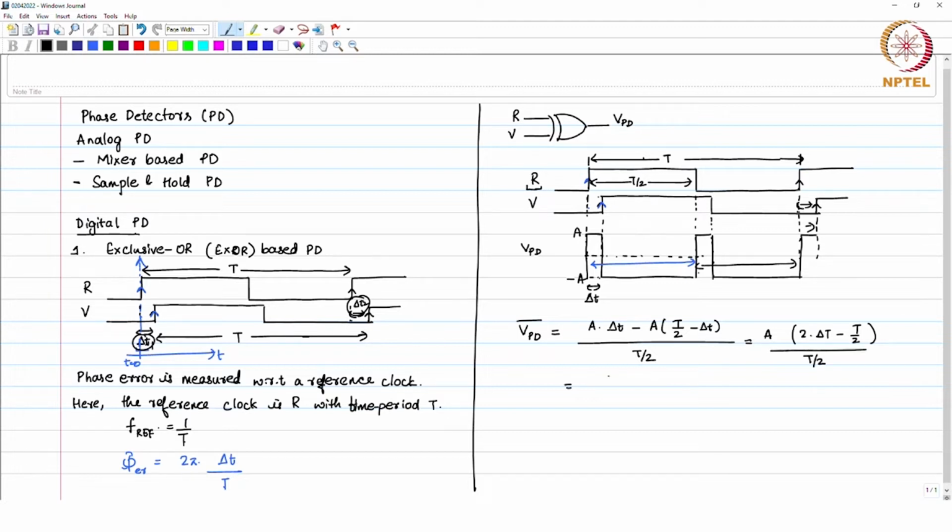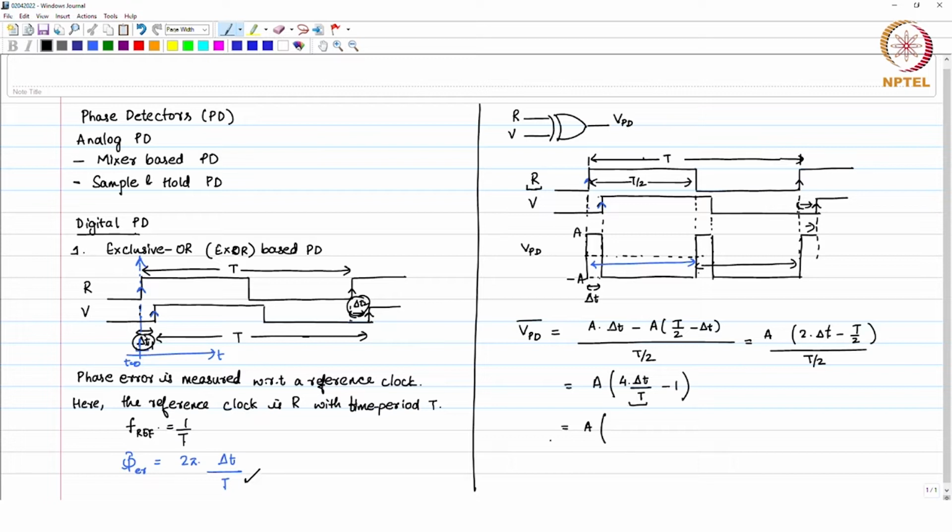So, you can take t by 2 inside. Okay. As you take t by 2 inside, what you get here is, sorry, this is delta t, 4 times delta t divided by t minus 1. Now, in this case, I will just change from delta t to phase error using the relationship as given here.